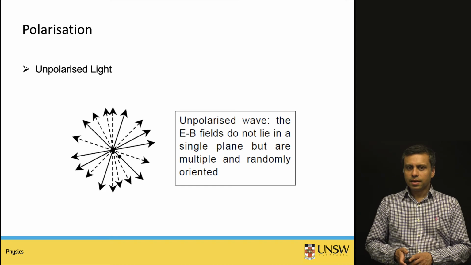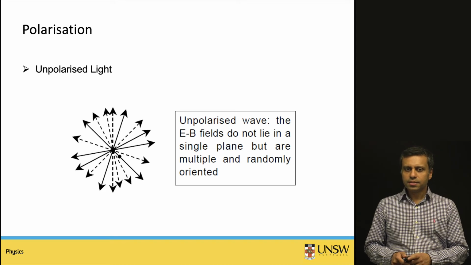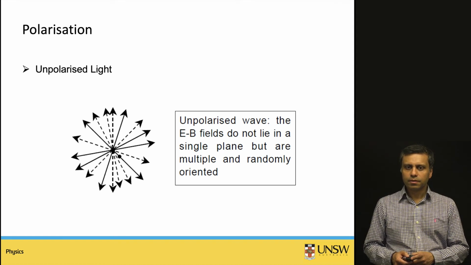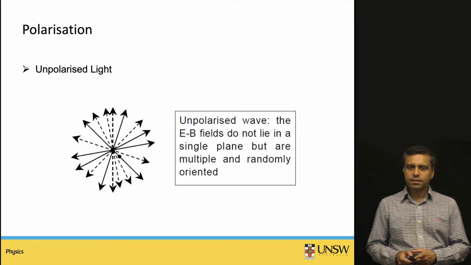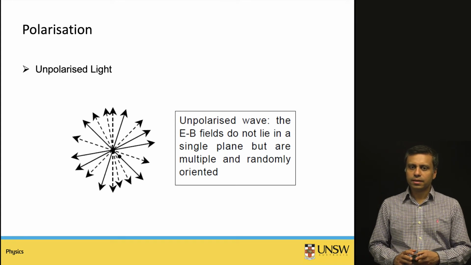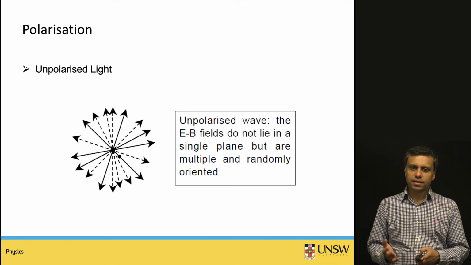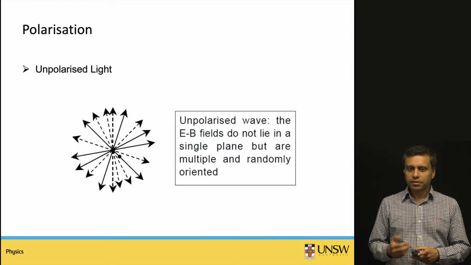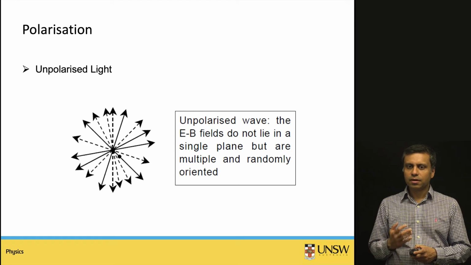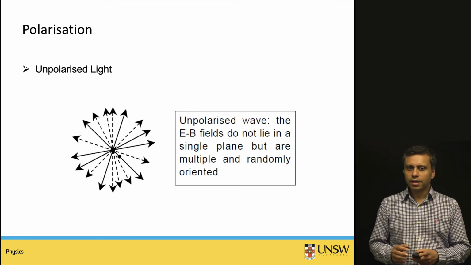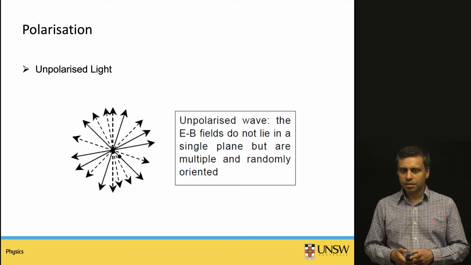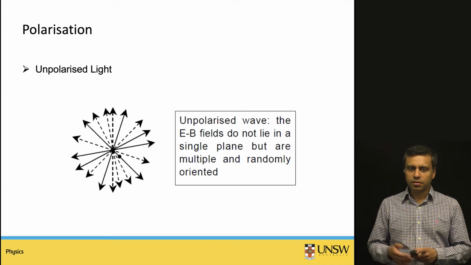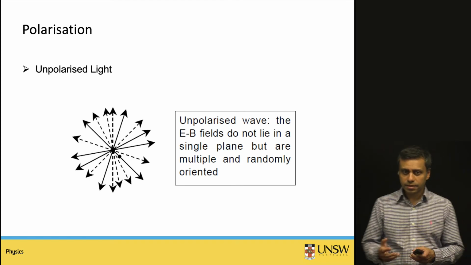So unpolarized light contains waves that are oscillating in multiple planes and are randomly oriented basically. The electric and magnetic fields do not lie in a single plane. They are spread out over multiple planes, and they are randomly oriented as a result.